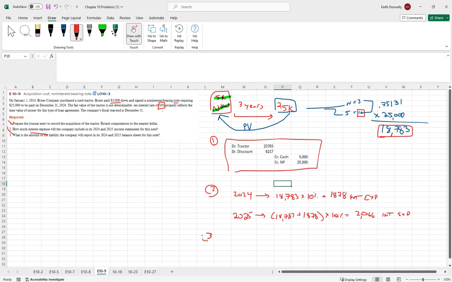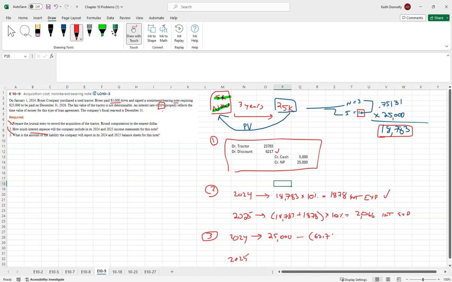Then for 3, they're saying what amount of the liability the company will report on its 2024 and 2025 balance sheet. So they're talking about that note payable. For 2024, that note payable at face is going to be $25,000. But we're going to back out the discount of 6,217 as well as the year 1 interest.